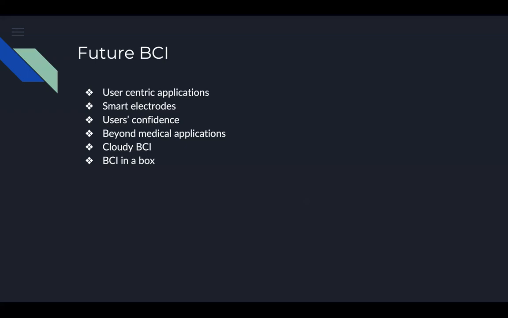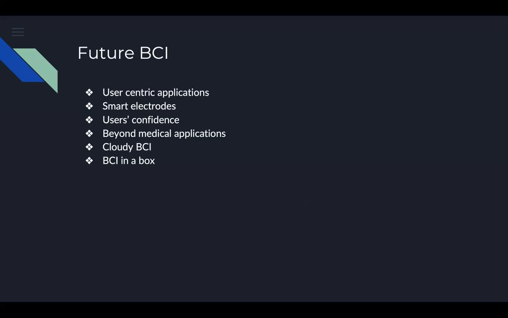It is bounded within medical usage. If we think about the future prospect, it should be used like a Fitbit, so users can track their mental abilities, what activities are increasing their thinking or smartness in their brain, stuff like that.